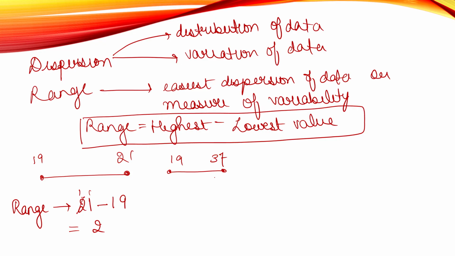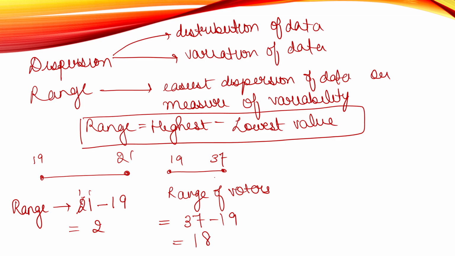Now someone asks me, what is the range of the data you took? Or the range of the voters' age from the data you have collected? So I'll say it is 37 minus 19, the highest value minus the lowest value, approximately 18.